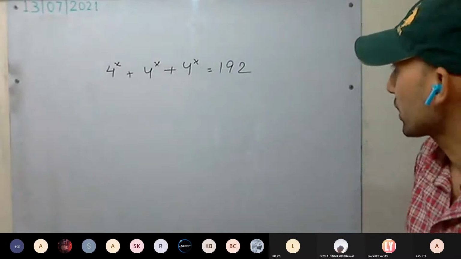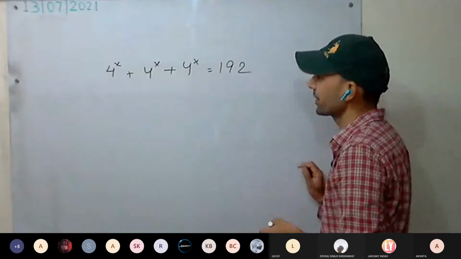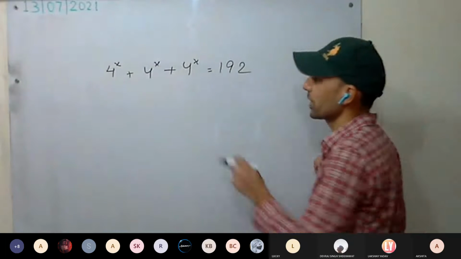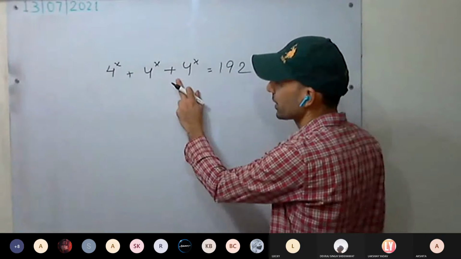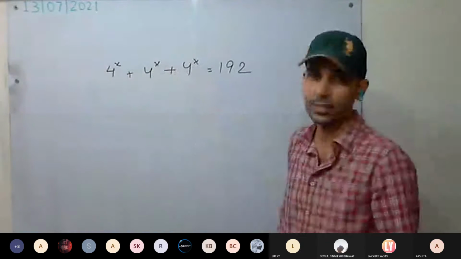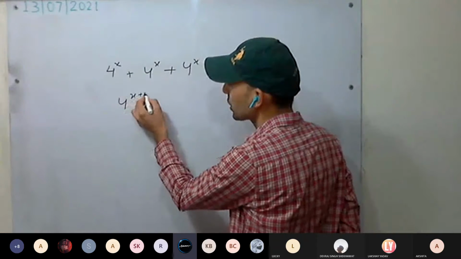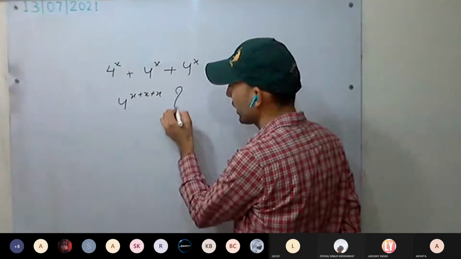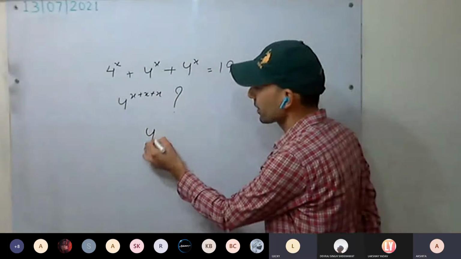How are you going to solve this one? 192, factorize it. How can you write 4 raised to power x plus 4 raised to power x plus 4 raised to power x? Can you write it like this, 4 raised to power x plus x?